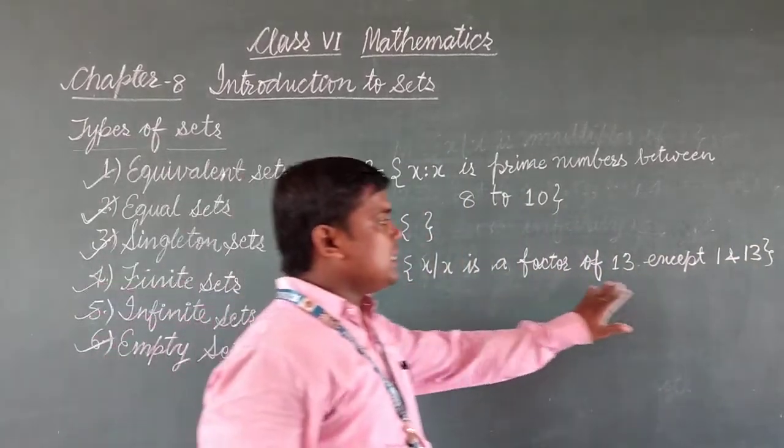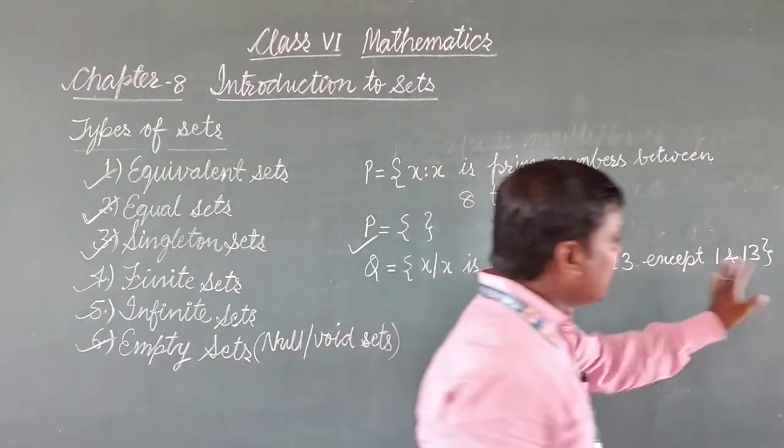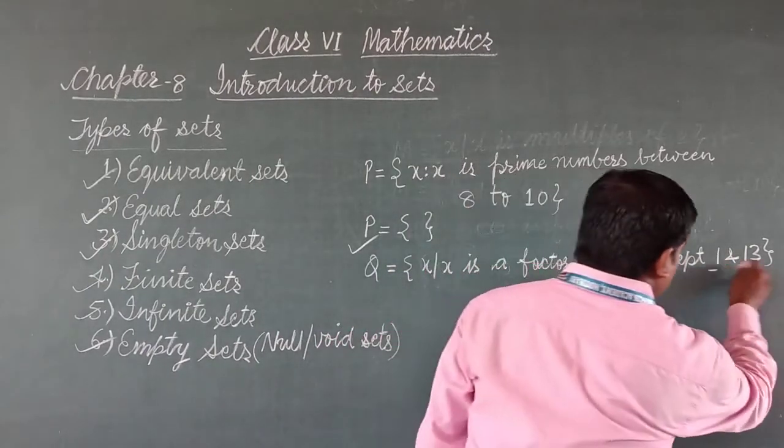X is a factor of 13 except 1 and 13, means we are not to take 1 and 13.